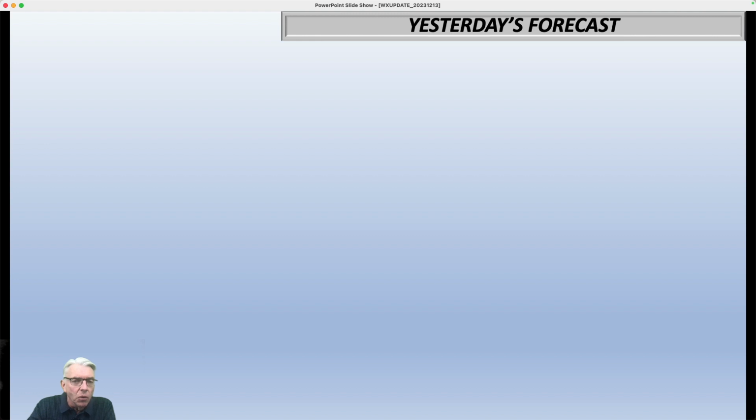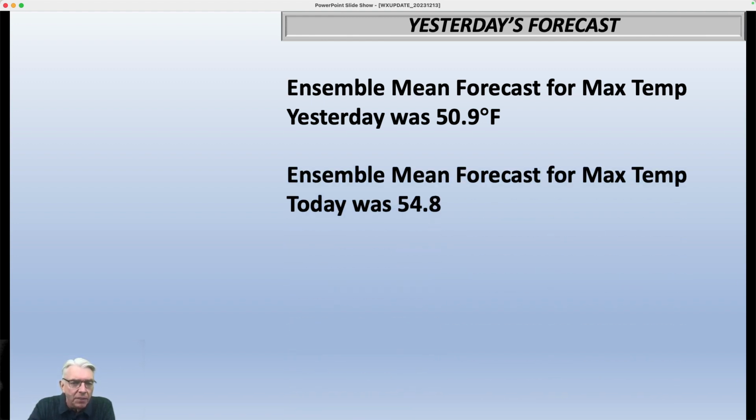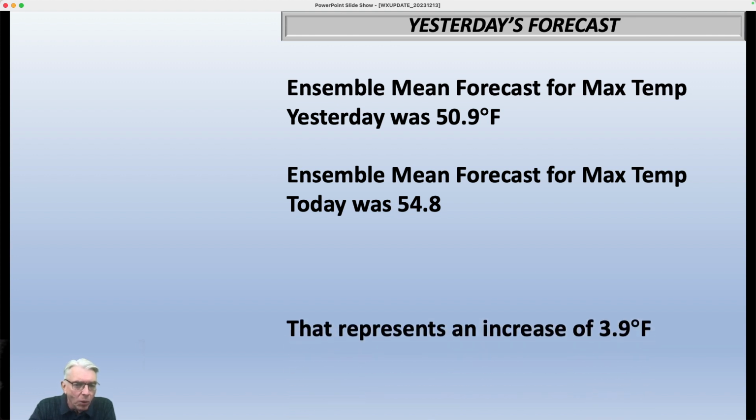All right, so yesterday's forecast, the ensemble mean forecast for the maximum temperature, this is the American ensemble, for the max temperature yesterday, this was based on data from 7 a.m. yesterday morning, was 50.9. The ensemble mean forecast temperature for today was 54.8.